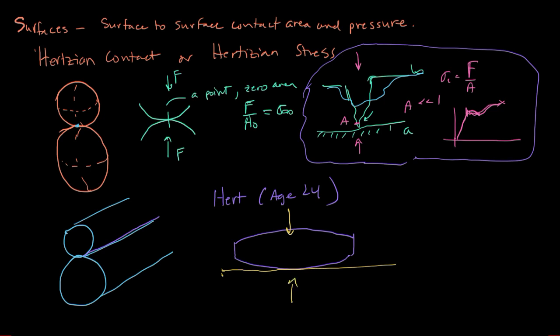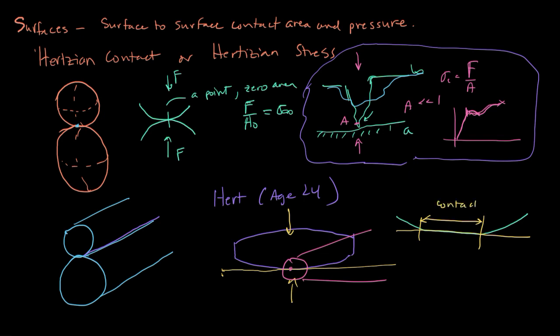If you zoom in here, instead of this elliptical path that would theoretically contact at a point, you get contact that's spread out over some distance, and it looks something like this in terms of its contact with the surface. That contact, due to that load, we call the contact length.